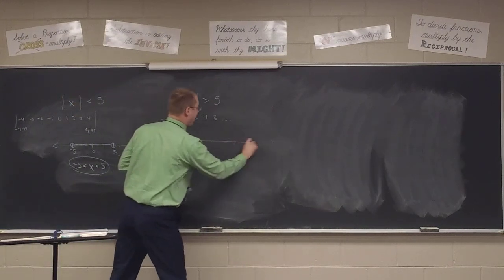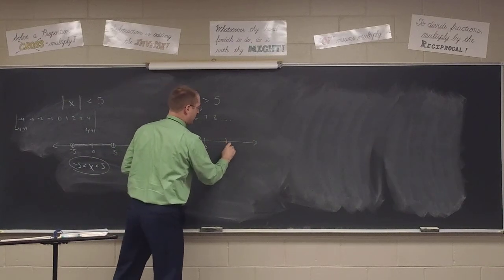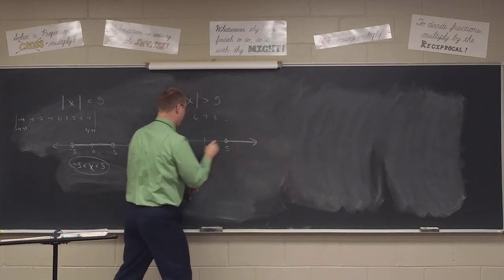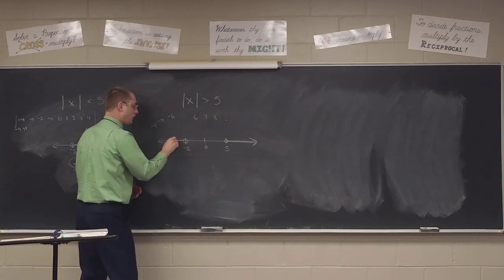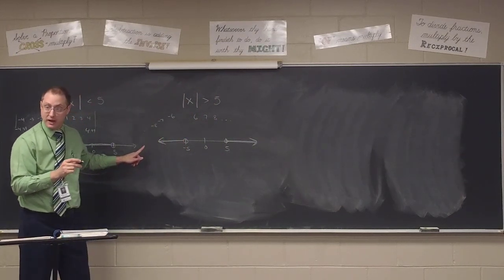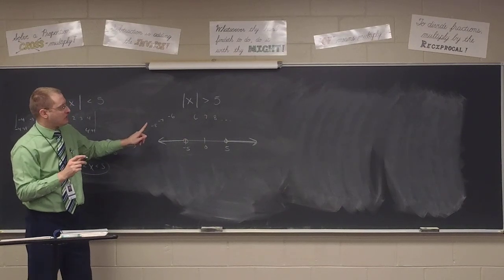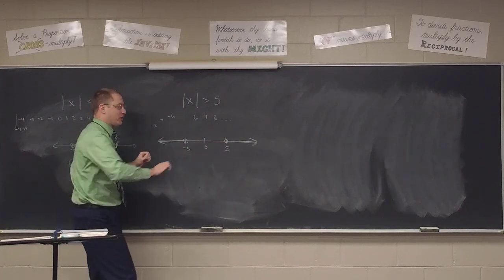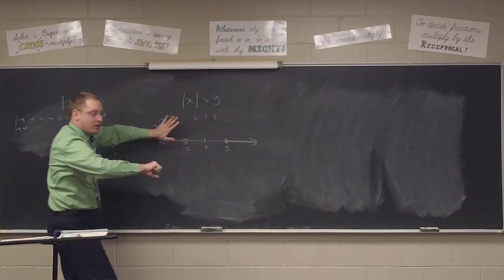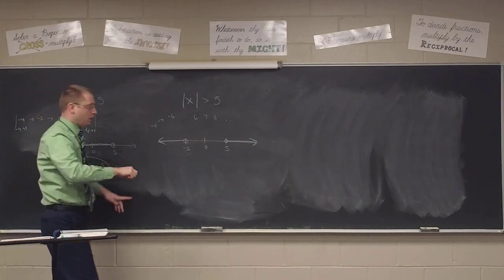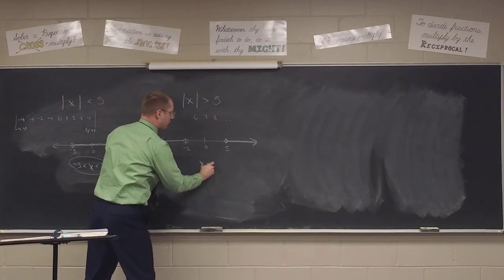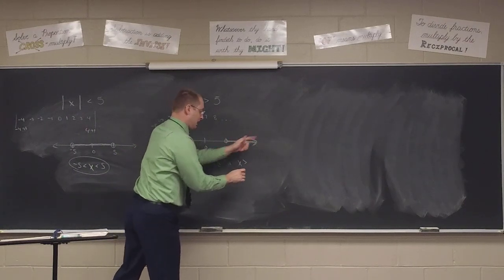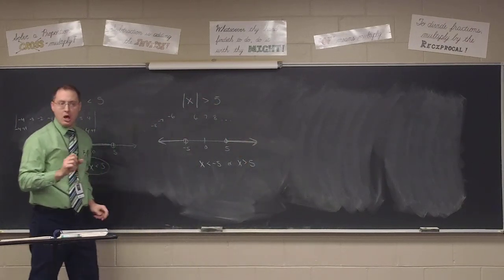If we were to look at a graph, from 5, not 5, but anything bigger than 5, absolute value would work, and then anything smaller than negative 5, all these values would work, right? So notice here, it's not equal to positive and negative 5, it's everything above the 5 and everything below the negative 5. Do we see that? So x is smaller than negative 5, or x is bigger than positive 5.